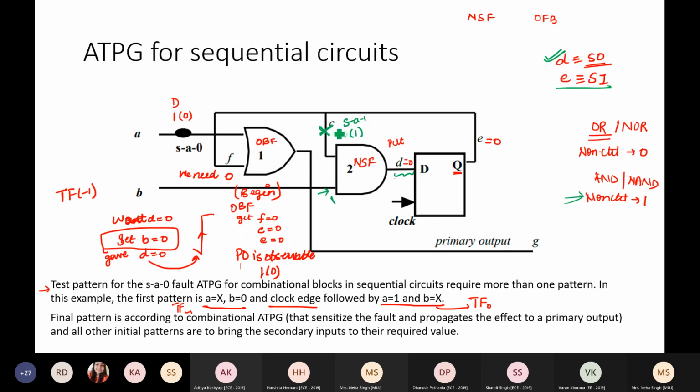लेकिन इसका इफेक्ट तो मुझे कहाँ ऑब्जर्व करना है? मुझे यहाँ तो ऑब्जर्व ही नहीं करना है D पर. इफेक्ट तो मुझे प्राइमरी आउटपुट पर ऑब्जर्व करना है. So I am basically controlling this C to get a D and again going to the cycle with C, but what happens to the primary output? Whatever value I have assigned at E is going to F without any fault because this is fan out.